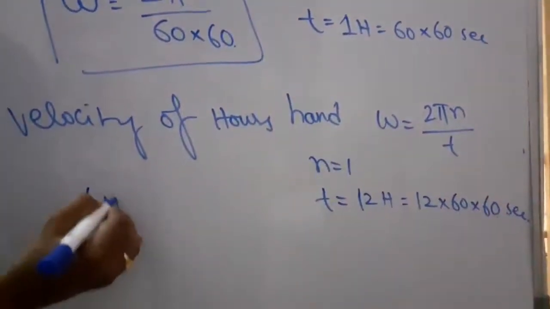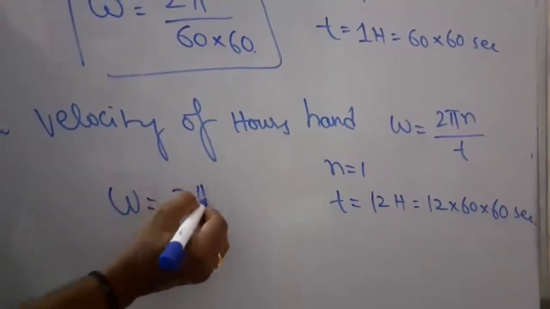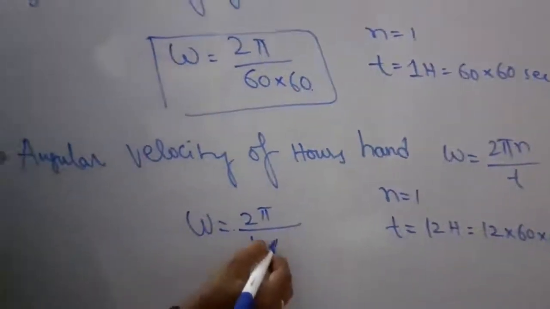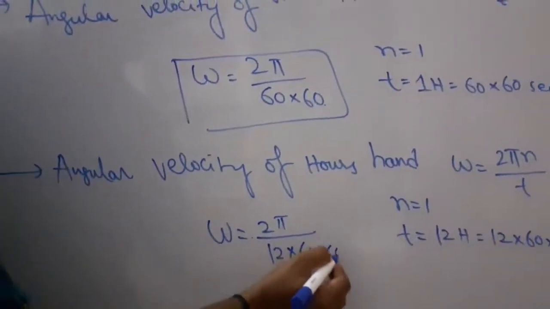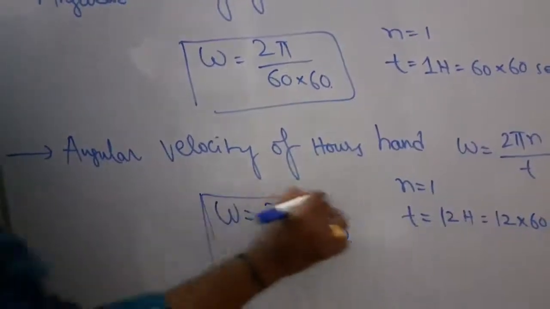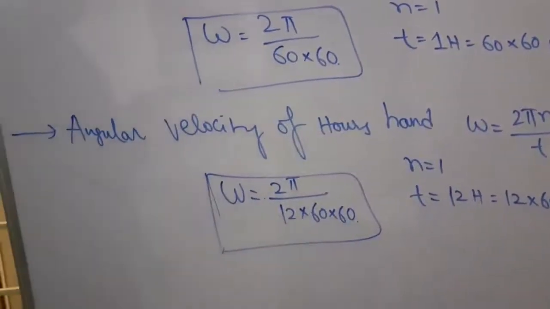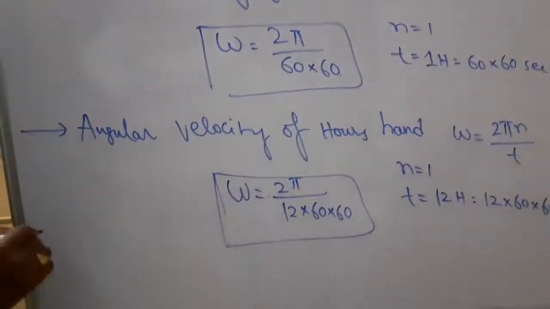Therefore, omega equals 2 pi divided by 12 into 60 into 60. This is the angular velocity of the hours hand.